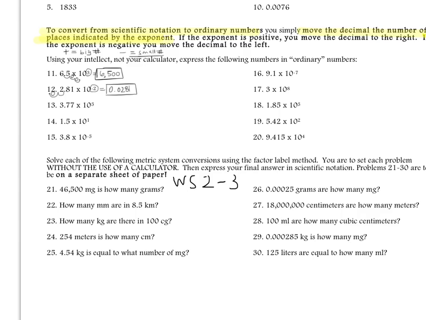But the difference here is that the final answer is going to now need to end up in scientific notation, right? So express your final answer in scientific notation, and because factor label takes some space, these, unlike 1 through 20, must be on a separate sheet of paper. So hopefully now you have a better understanding of scientific notation.